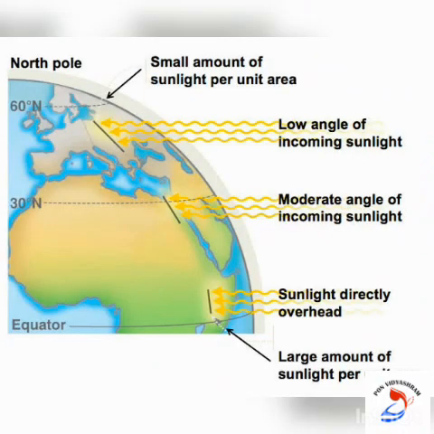The heat zones of the Earth. All parts of the Earth do not receive the same amount of heat from the sun. The above important parallels help us to divide the Earth into 3 heat zones.